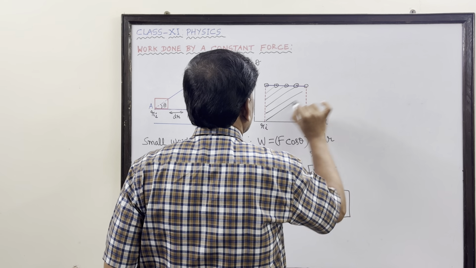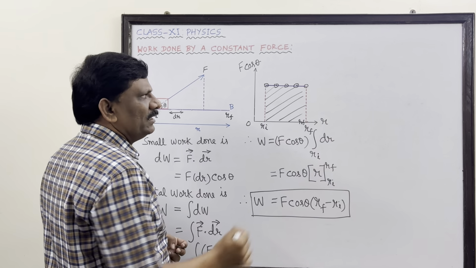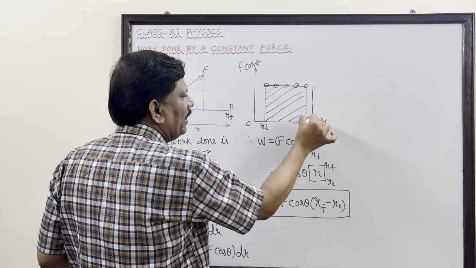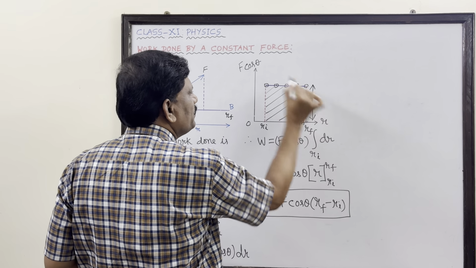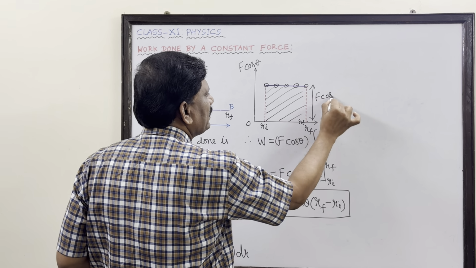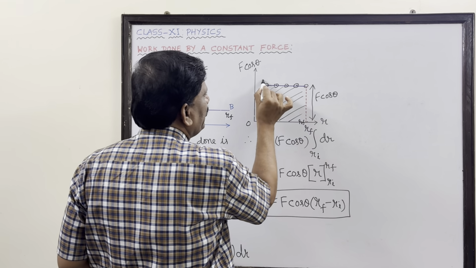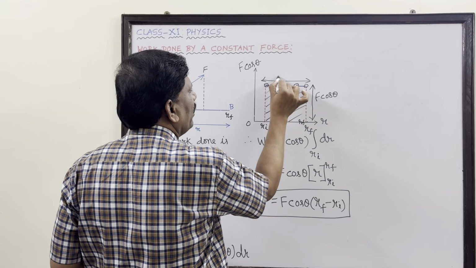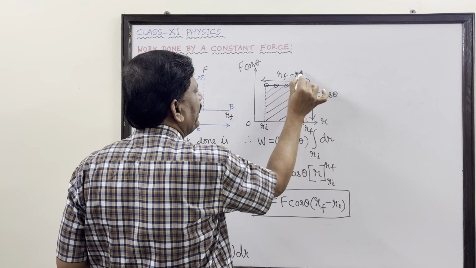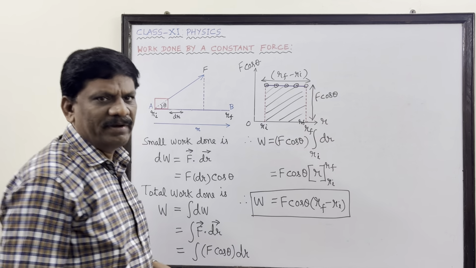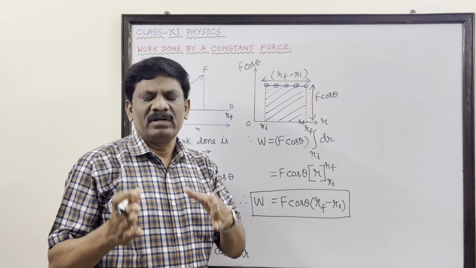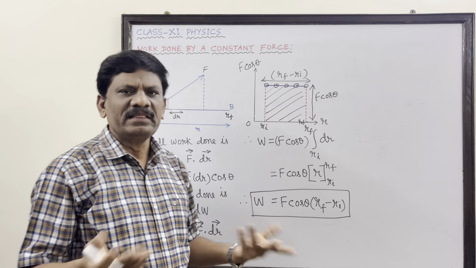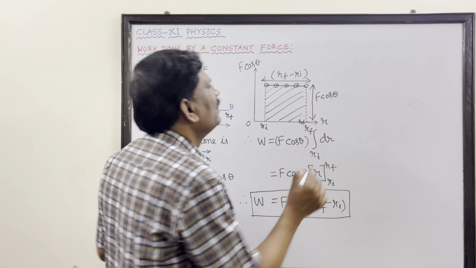So the area, you see here, what is the height of this rectangle? It must be equal to what? F cos theta. And what must be this length? This length must be equal to r final minus r initial. By formula, what is the area of a rectangle? Length into breadth, is it not?